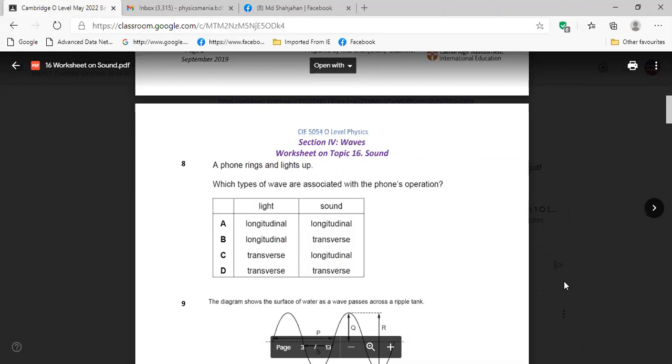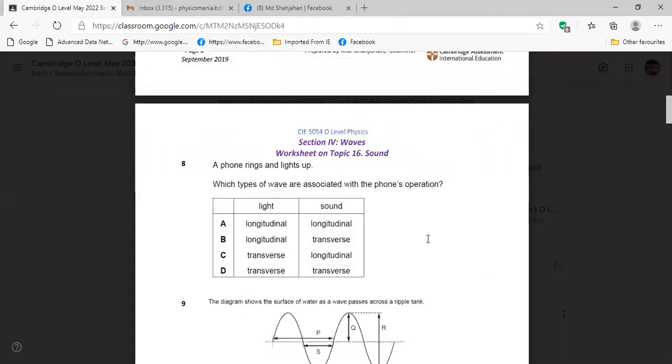So what should be your answer? Sir, C. Yes, C for correct. So C is the answer. Okay, very good. Now you should memorize which are transverse waves and which are longitudinal waves. You should remember. No confusion.